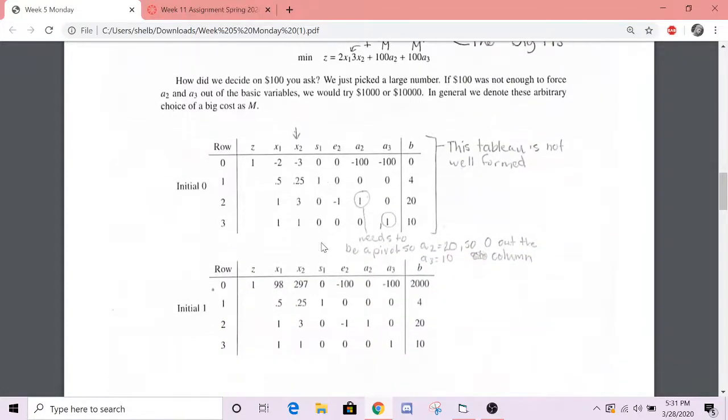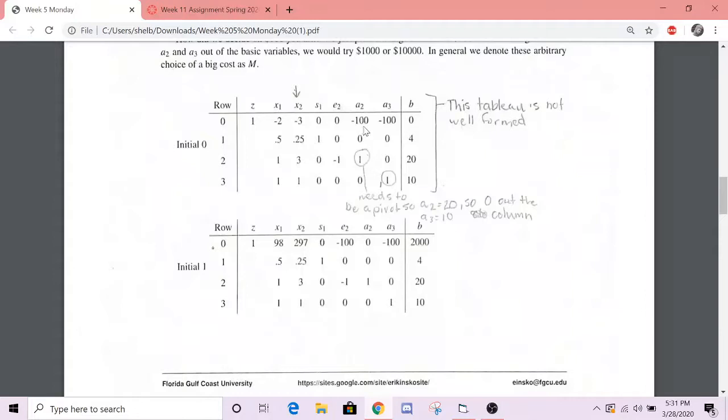So then we have our tableau formed, but it's not well formed. We put in those artificial variables, but as you can see, these aren't yet pivot rows. We have these artificial variables in here kind of blocking us from having these as pivot rows. So we need to zero out these columns, meaning we need to get rid of the negative 100 in the A2 column and the negative 100 in the A3 column.